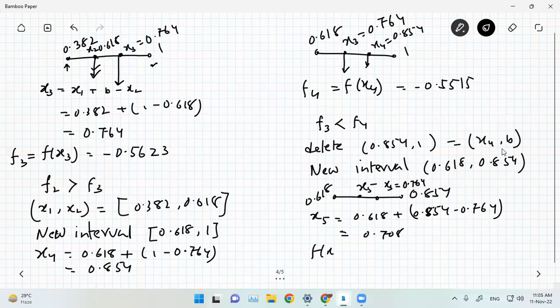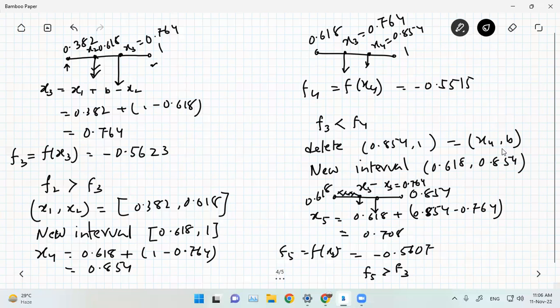Now calculate the value of f5, which is minus 0.5607. So f5 is greater than f3, so you have to discard that portion. F5 is greater, but in magnitude it is actually smaller. And this is the scenario. So you have to discard this portion.